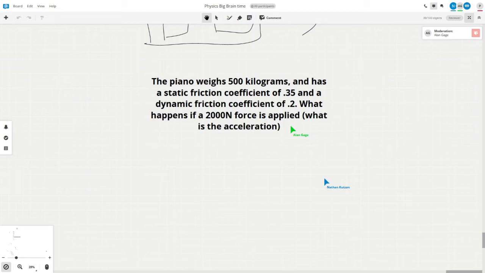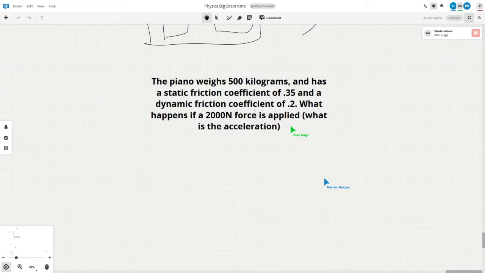Wouldn't it just be mass times gravity, which would be 10, you said? Correct, yes. So we would just do 10 times 500, because it weighs 500 kilograms, times the gravitational acceleration. You get a result of 5,000 Newton gravitational force, which is then a 5,000 Newton normal force because of Newton's third law.